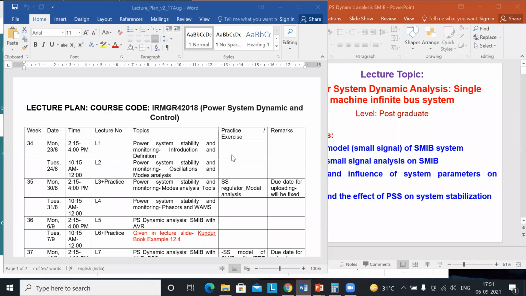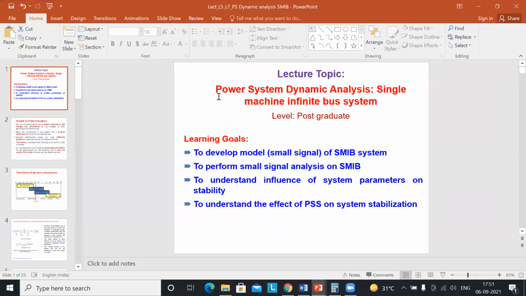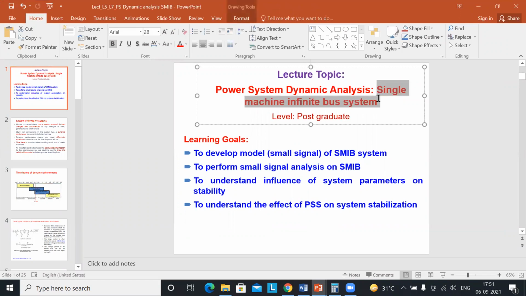Okay then. Today the topic is power system dynamic analysis, and mainly we will cover this analysis on the single machine infinite bus system.